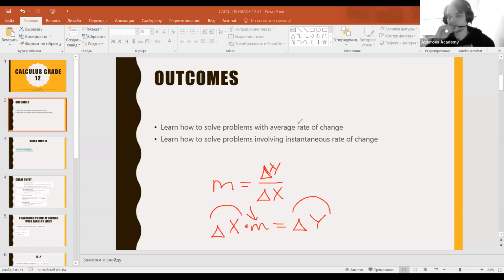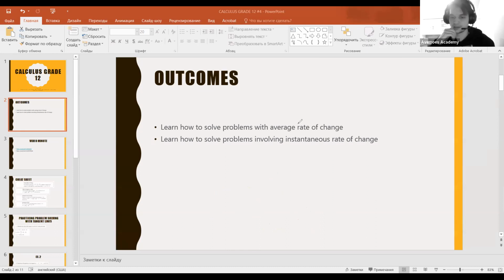Yusuf, can you be so kind and tell us what about the instantaneous rate of change? It's a change in a rate that occurs at an instant amount of time. That's a really good answer because you said instant amount of time.